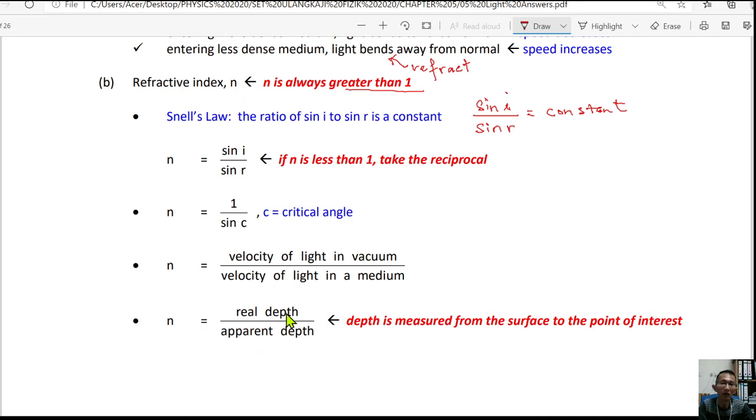Or real depth divided by apparent depth. Remember that the depth is measured from the surface to the point of interest, not from the bottom up, but from up going down. That is depth, right?